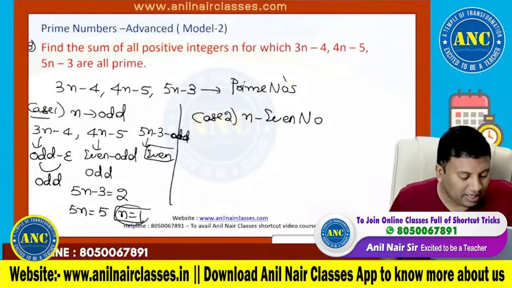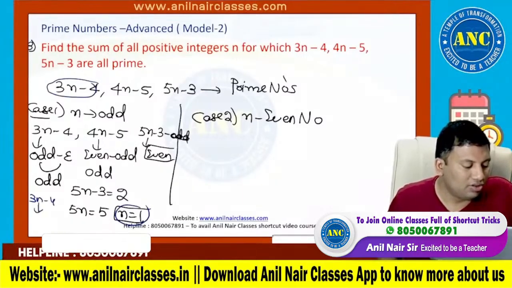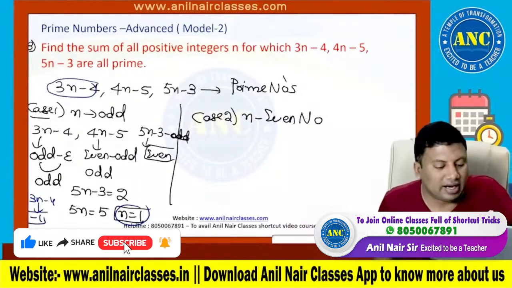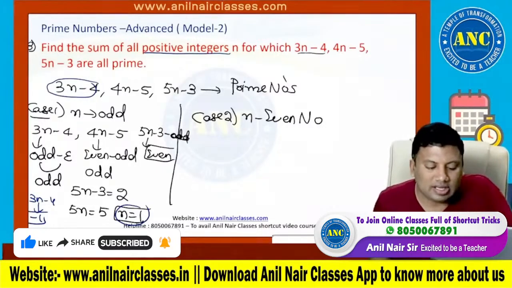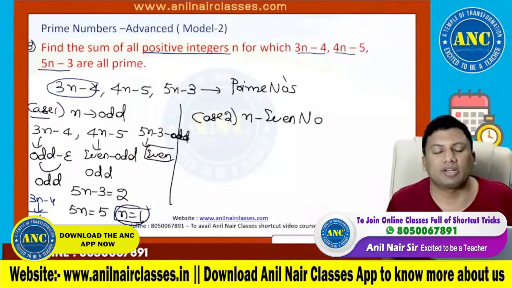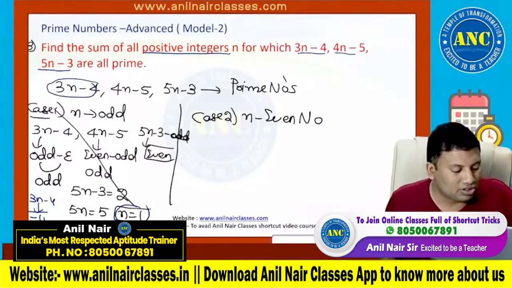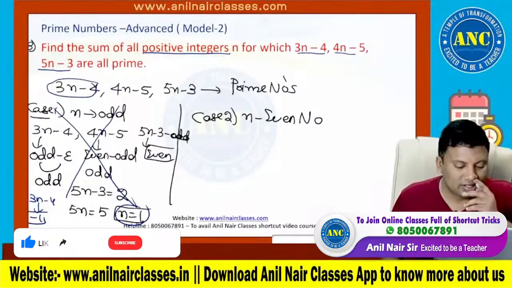If I take n equivalent to 1, I am getting 3n minus 4: 3 ones are 3, 3 minus 4 is minus 1. It is a negative number I am getting. But it is saying that all these numbers are prime numbers. Prime numbers are nothing but the numbers which are a subset of natural numbers. All should be positive. This case is not possible.